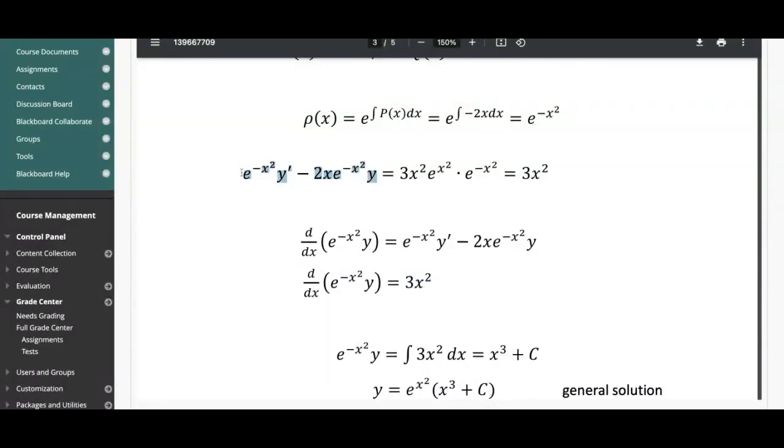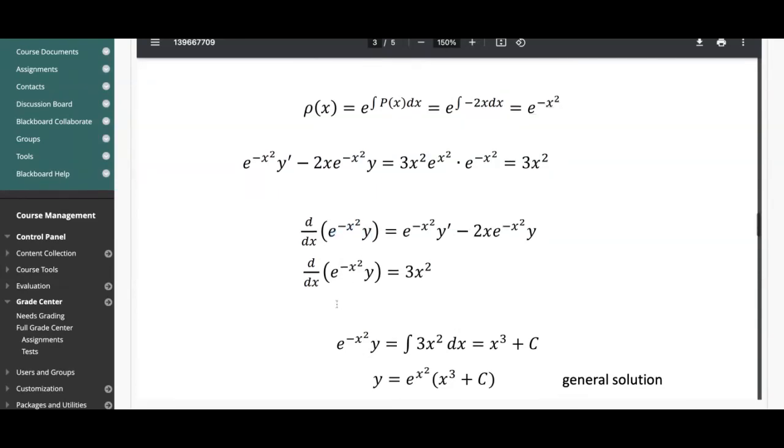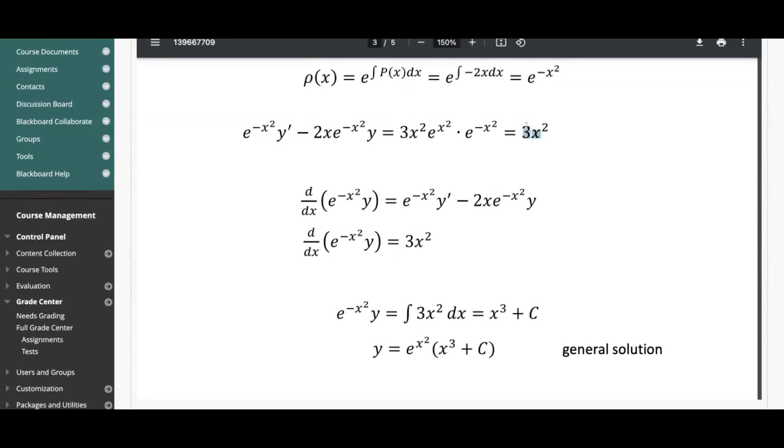You see, we don't have to do anything with this. We just take it for granted. We know this is the derivative of the integrating factor times y. Then the right-hand side, q of x times the integrating factor, in this case, just 3x squared.